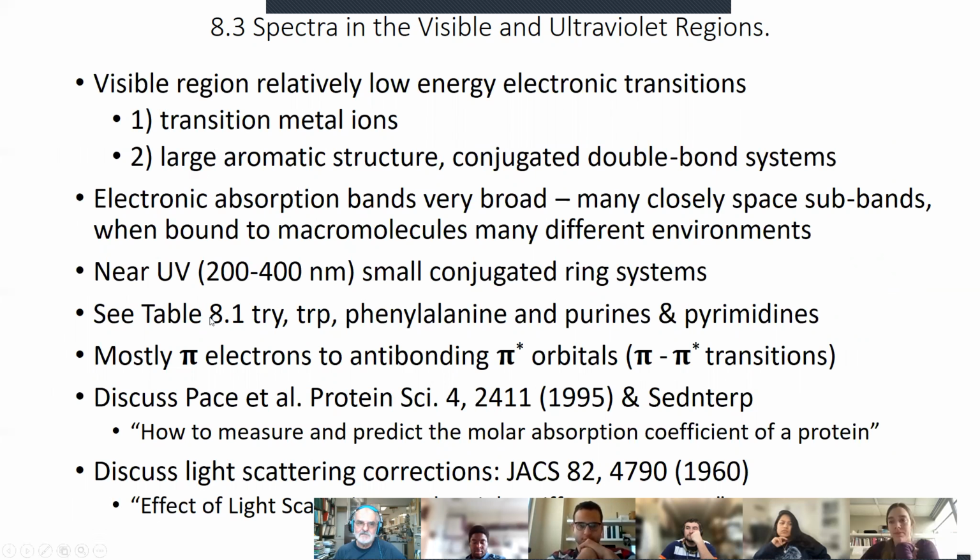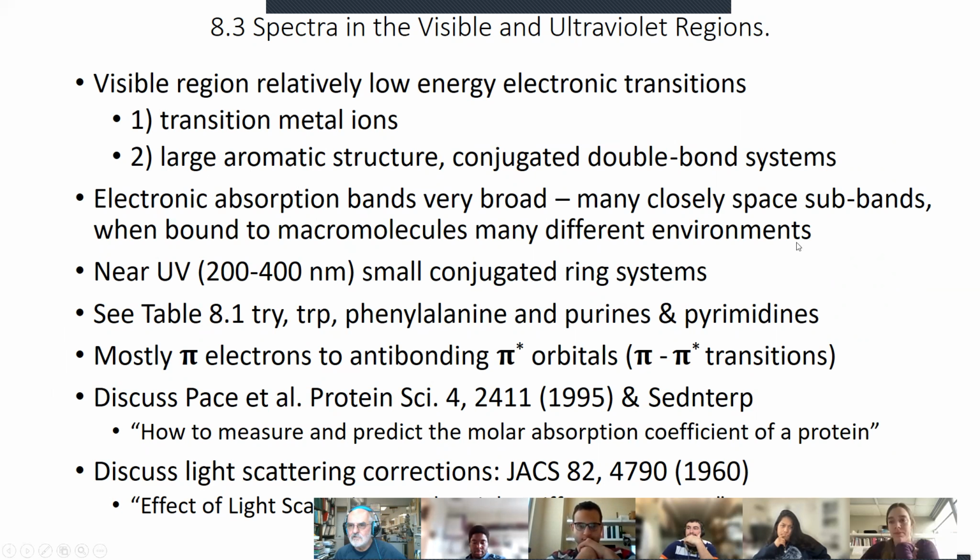So I've summarized what they've said in a slightly different way here. All right. So the visible region corresponds to transition metal ions. They're usually d orbitals, so they tend to have bright colors, think blues, large aromatic structures or conjugated double bonds. And they tend to reflect different environments and subbands.